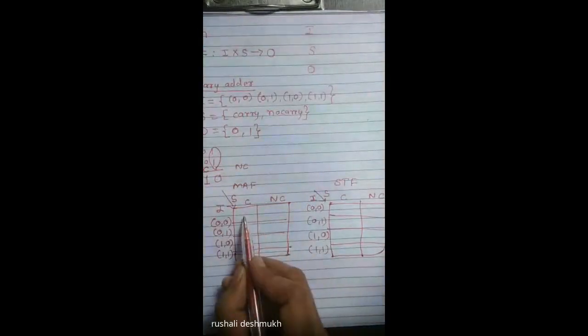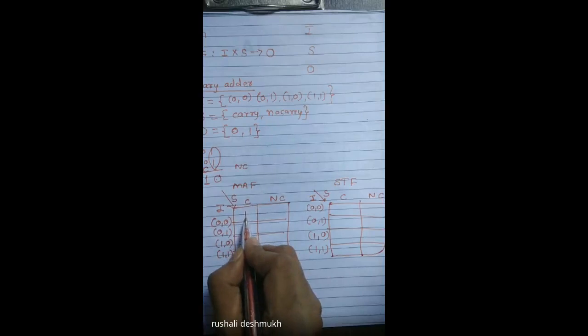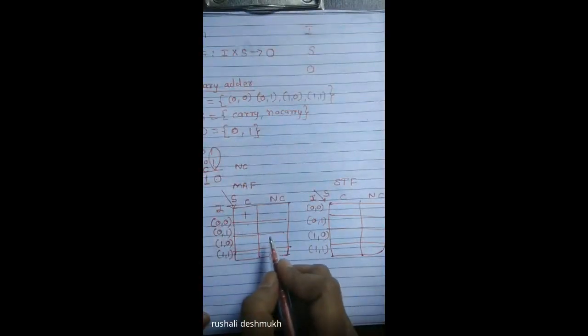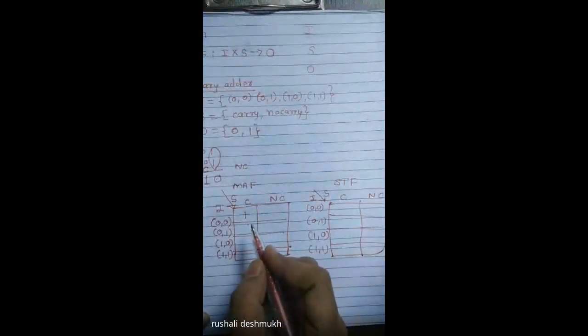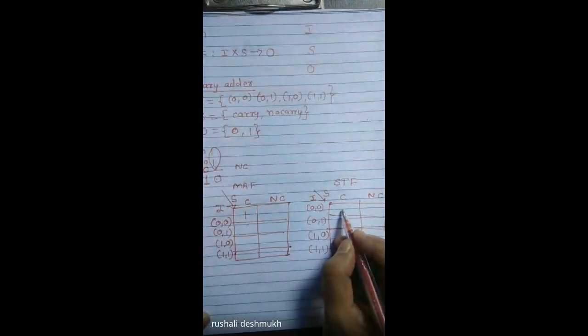What is the output? Output is 1, that is correct. So 0 plus carry, output is 1. And in the state transition function, what is the next state?